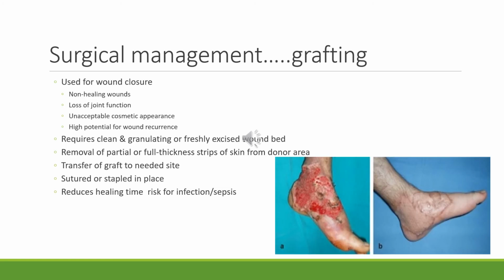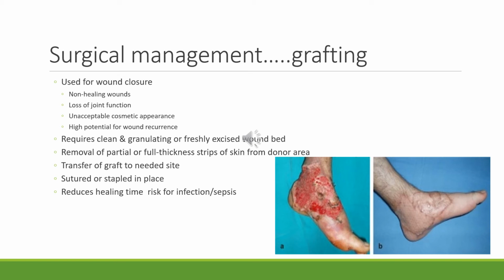And then there's surgical management through the grafting. So they typically will do the excision first and then utilize the grafting for wound closure. This is used for non-healing wounds, loss of joint function, unacceptable cosmetic appearances, or somebody with body image issues and severe deformities. High potential wound recurrence is definitely a problem with this.